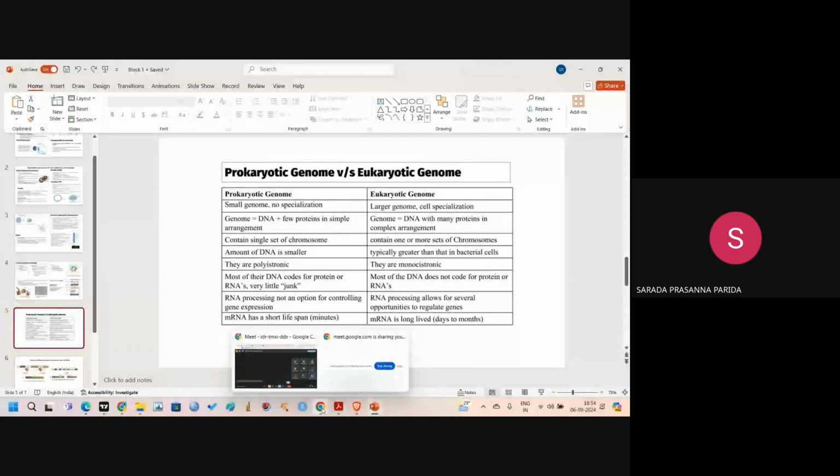Sir, what is the difference between positive and negative supercoiling? Yeah, we can discuss the details further in this organization, during the C value paradox, about positive and negative supercoiling.